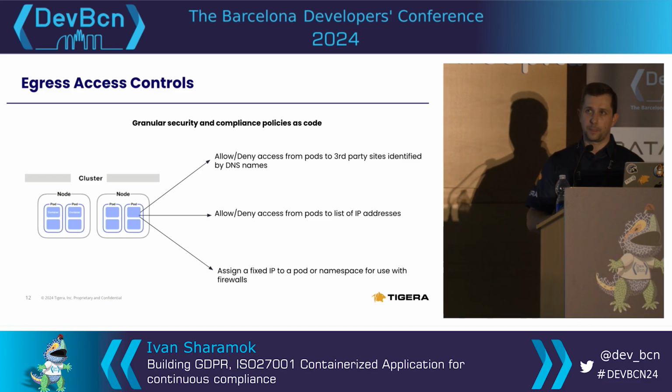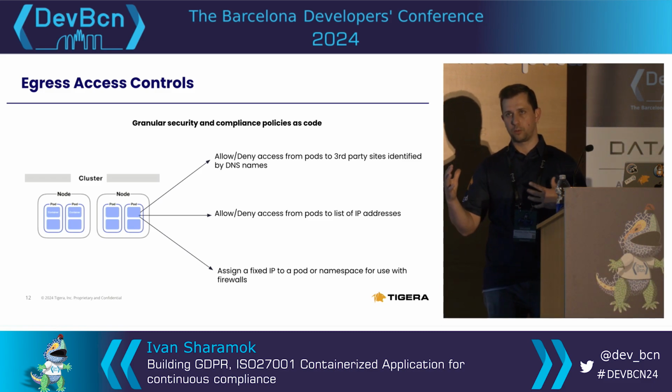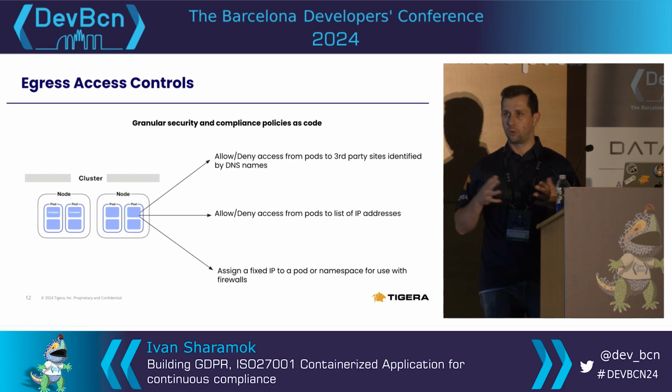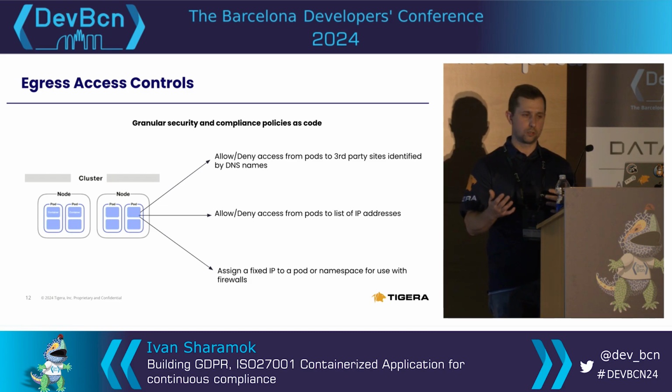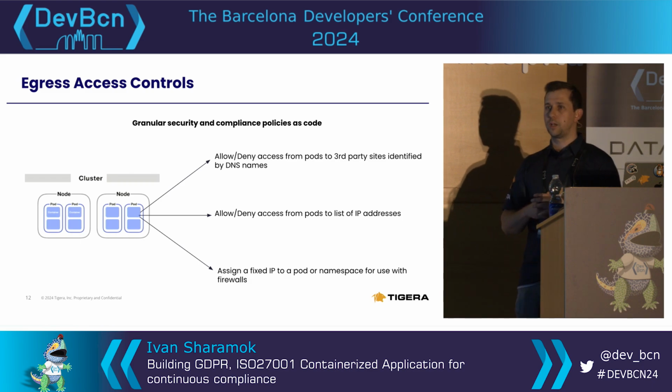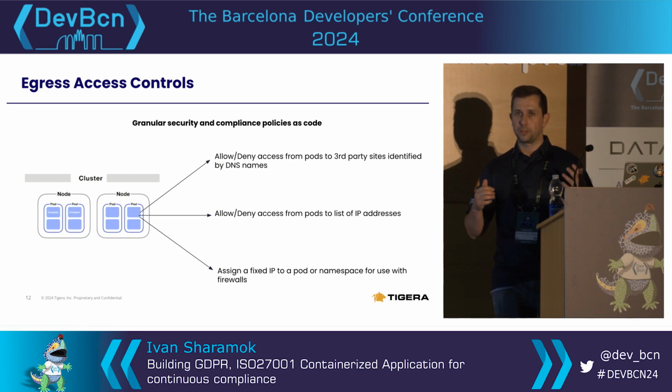Another way to talk to services outside, and especially within your network, is like talking to a database, but you have to traverse the firewall as part of the compliance that you need to comply with, or as part of the rules that the security team set up for all applications.